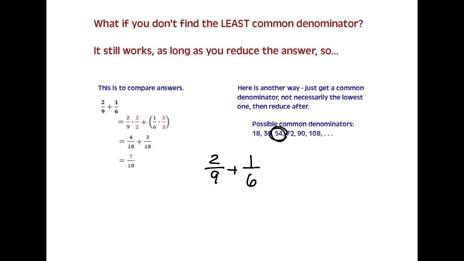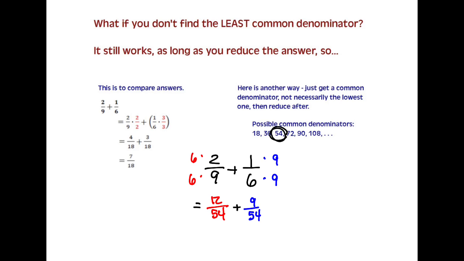I got 54 by multiplying these two by each other. So I'm going to times 9 by 6, and I would get 12 over 54. And I'm going to multiply 1/6, top and bottom, by 9, and I would get 9 over 54.